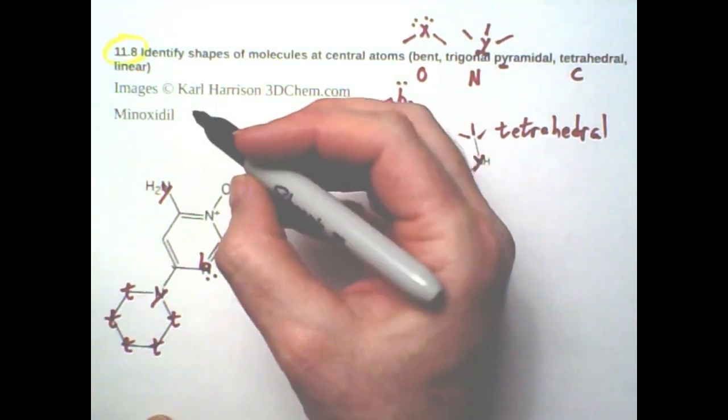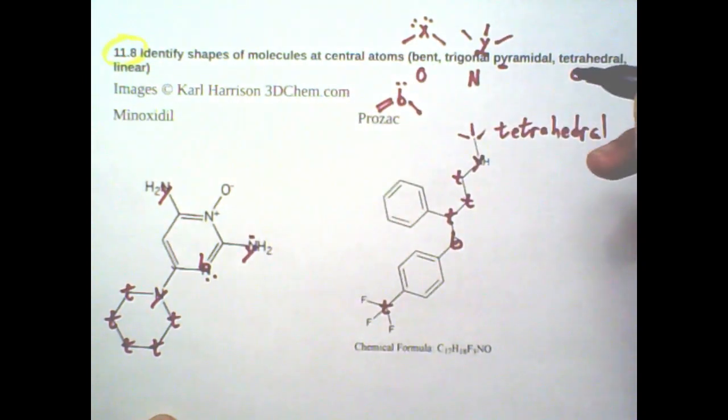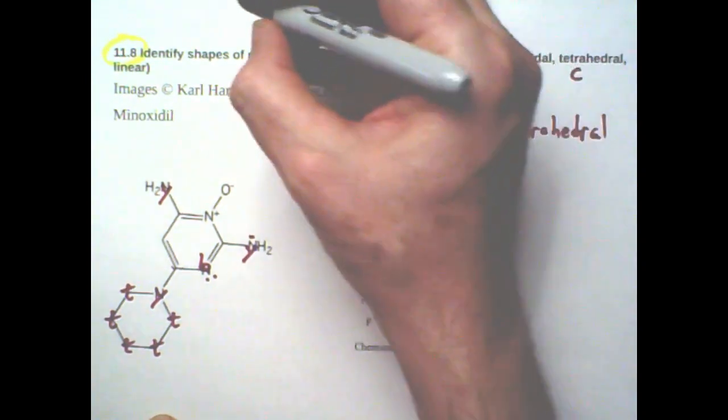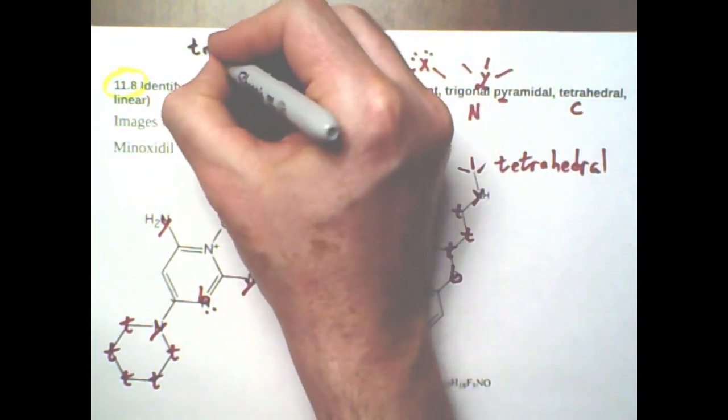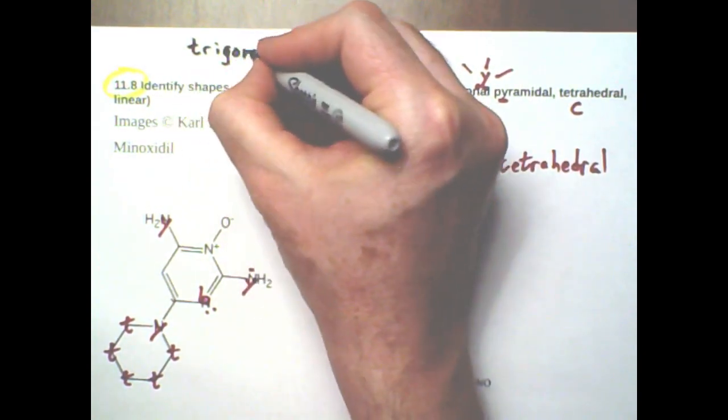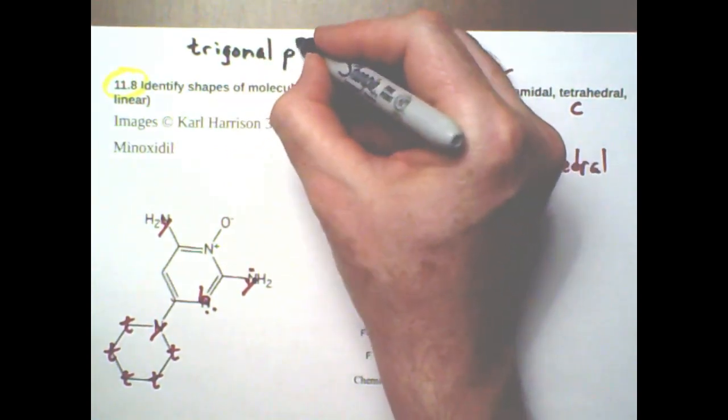So this may not show up in your homework problems, but let's add that in anyway. We're going to add one more shape. It is called trigonal planar.